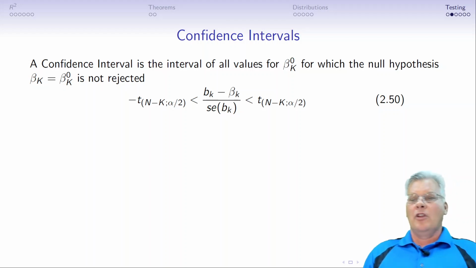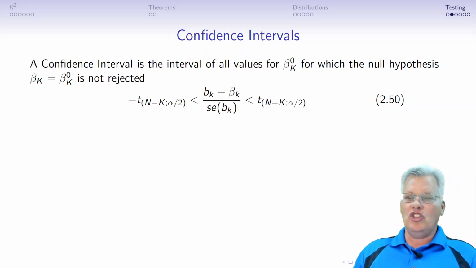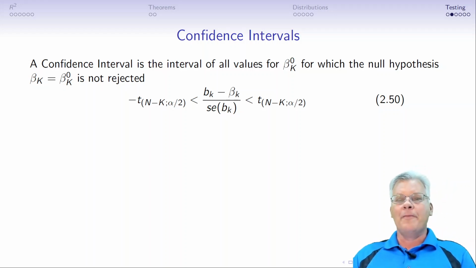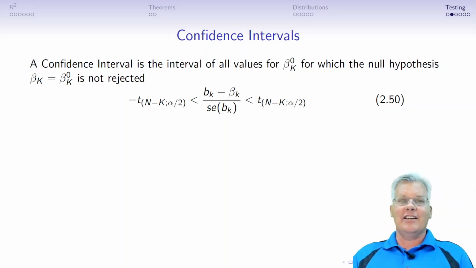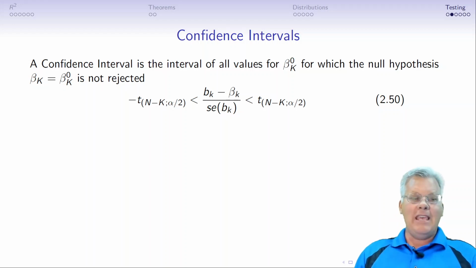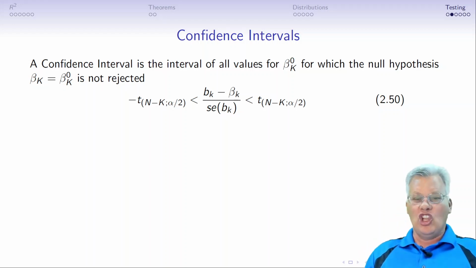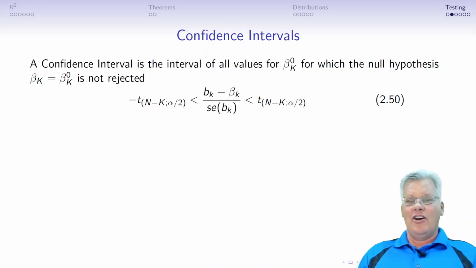True, well, in equation 2.50, what we have is a typical t statistic, right? So we have b sub k, the OLS slope, minus a hypothesized value divided by its estimated standard error.